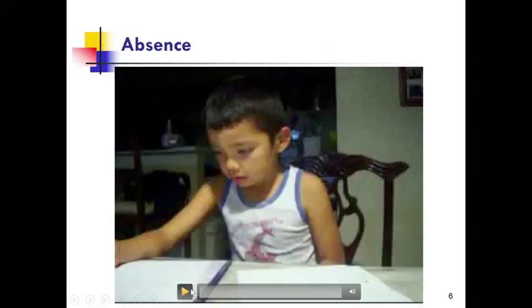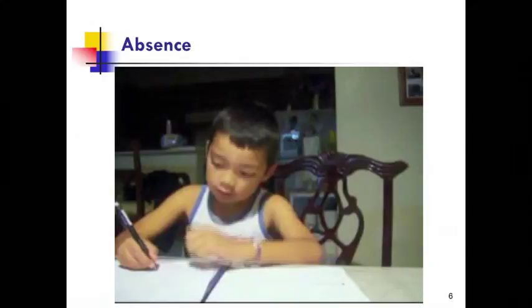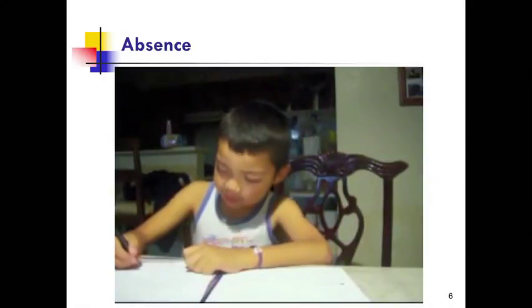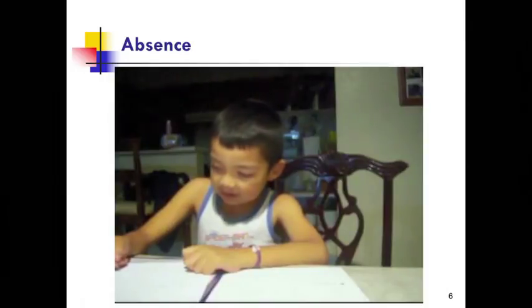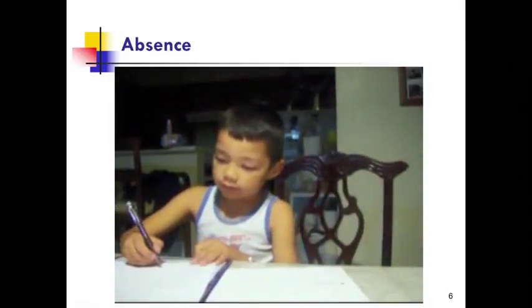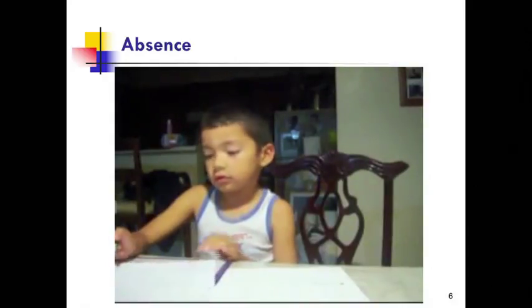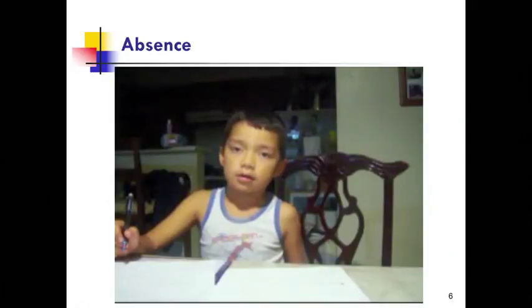So this boy has absence epilepsy. He's writing, and all of a sudden a seizure starts. Once you see the child blinking, you know that the seizure has started. The seizure is occurring.